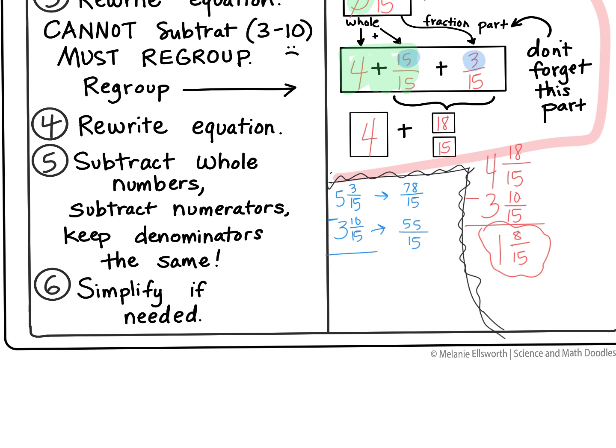And then I can just subtract my numerators. And that's going to be 23/15. But I have to go one more step and convert that back to a mixed number. So it would be 1 and 8/15, because 15 goes into 23.